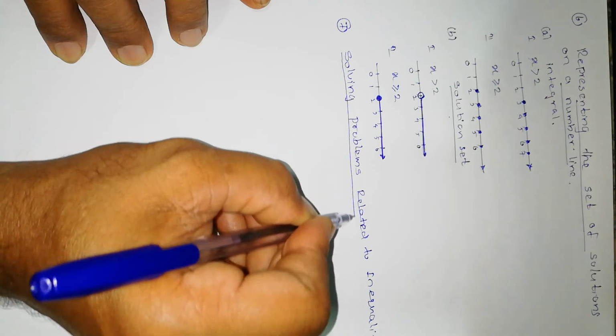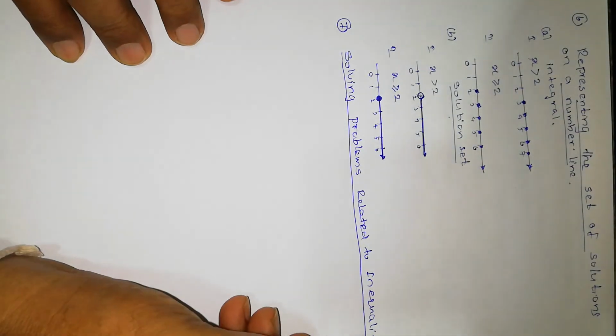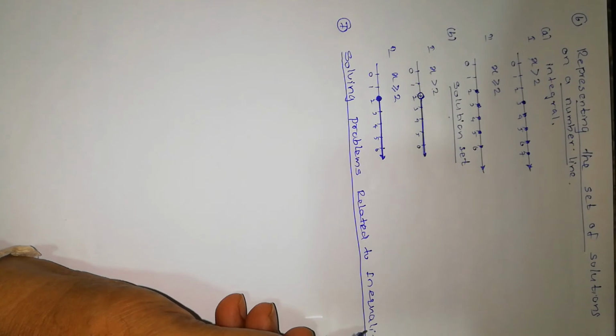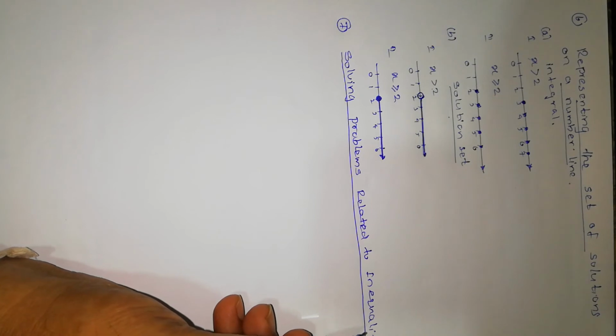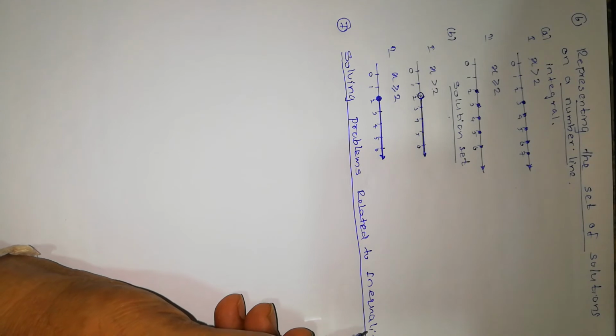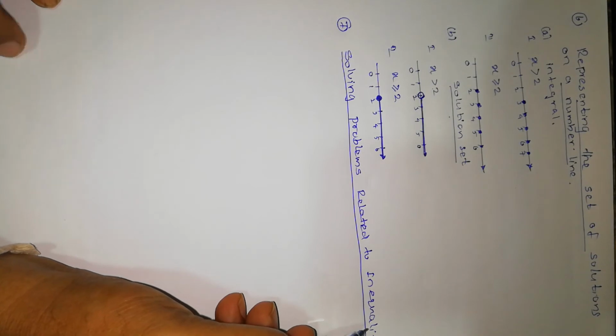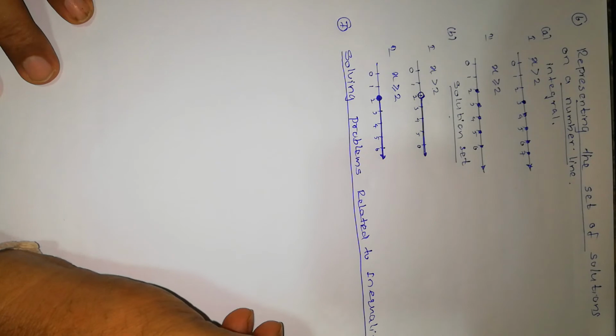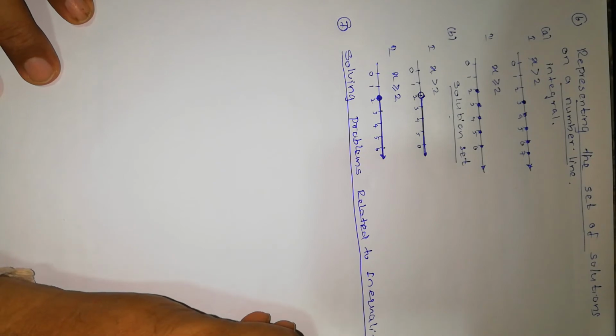In this subtopic, we are not given the inequality. We are given the question in words. We need to sometimes build up the inequality, or sometimes we are given the inequality with a description.